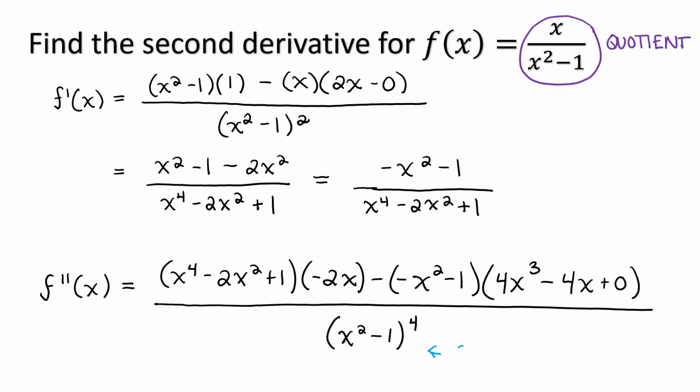So that's just the x to the fourth minus 2x squared plus 1 squared. And then we'll want to simplify a bit, but I'm out of room.